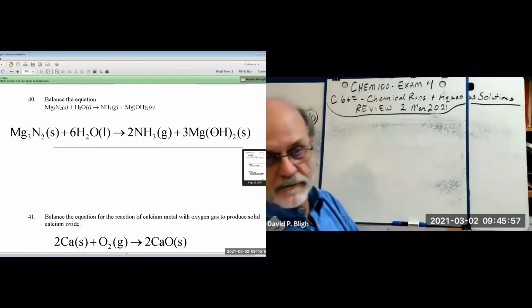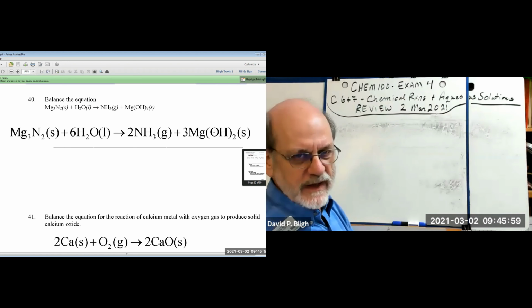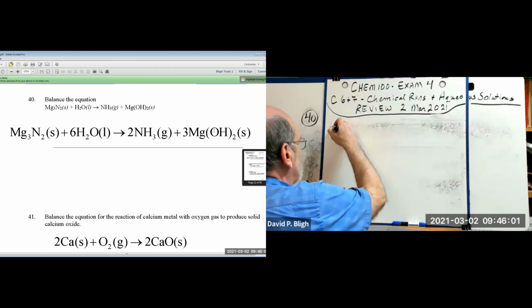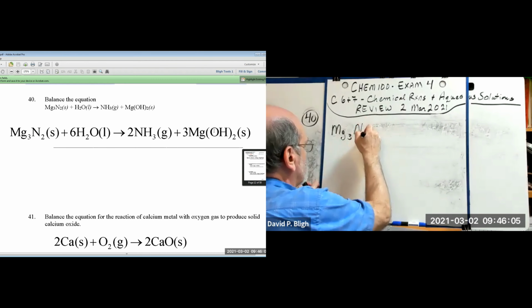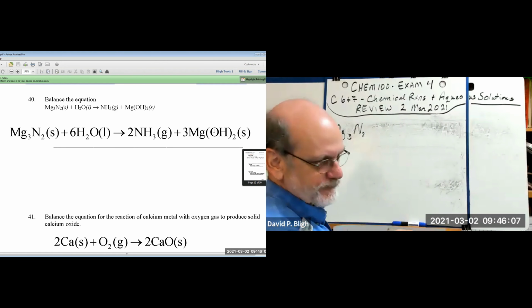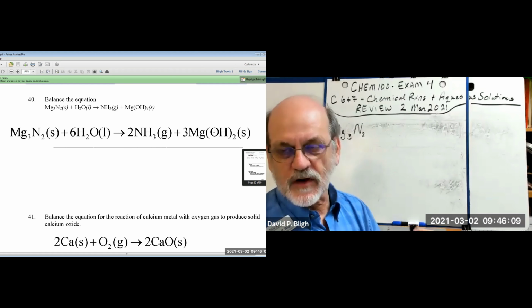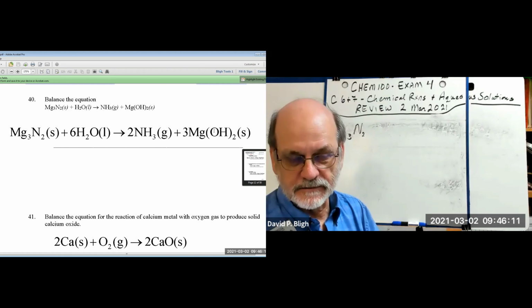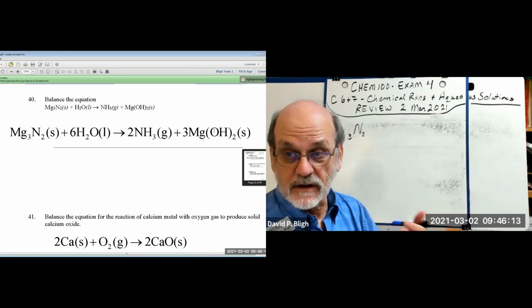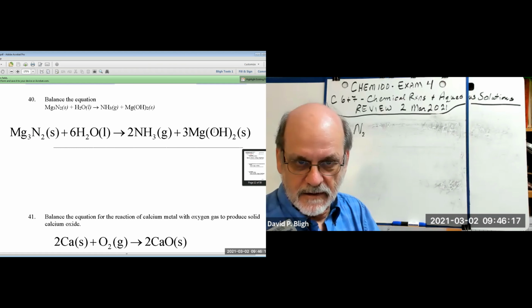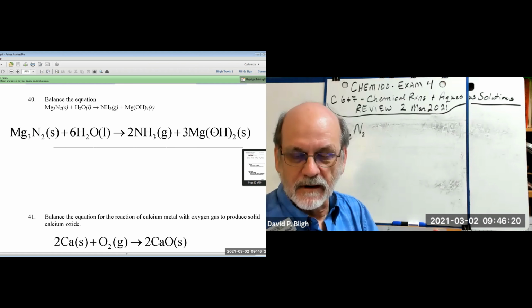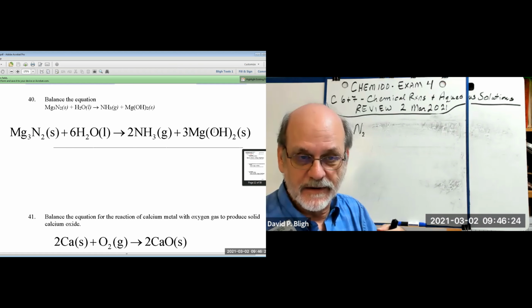Okay. So what is Mg3N2? That's a class of compounds called nitrides. When nitrogen is the anion in a compound, we change the ending from nitrogen to nitride.